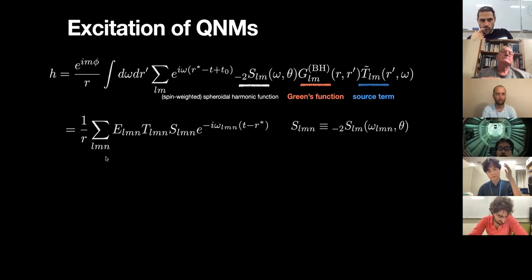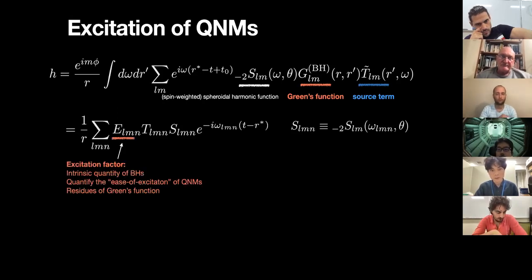That's why we have to perform the summation over the overtone numbers. Then each amplitude for the quasinormal modes is given by the product of the excitation factors, the source factors, and the spheroidal harmonics.